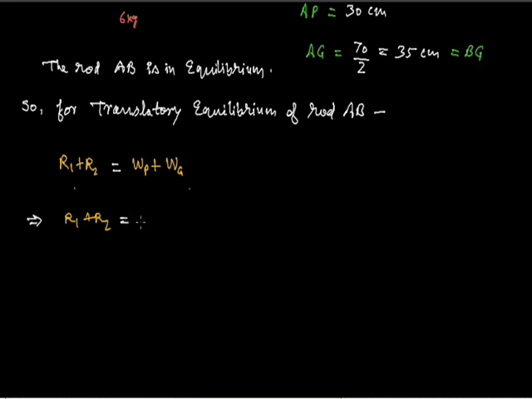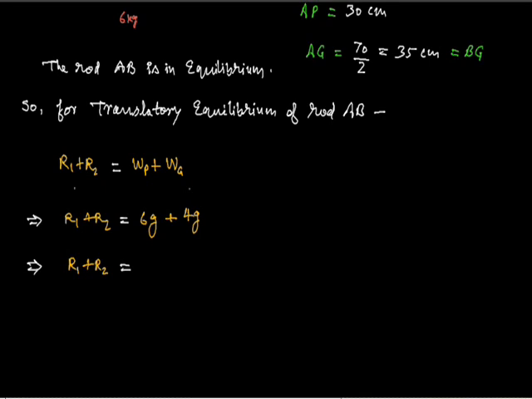The weight at point P is 6g and the weight at point G is 4g, where g is the gravitational acceleration. Further, it gives the value of R1 and R2.